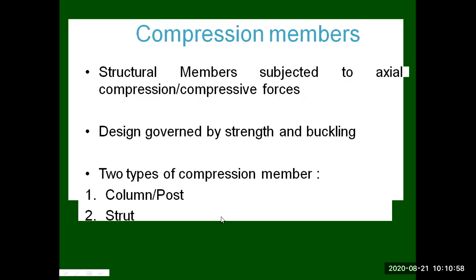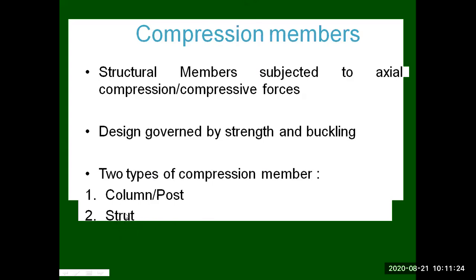Then we have seen what a compression member is. Now, what are the types of compression member that we have to see? There are two types of compression member. One is the column or post, and the second is the strut. So the compressive load is coming on the column and strut. But now in the compression member part, we will see only the design of strut, as we have seen the design of tension member.